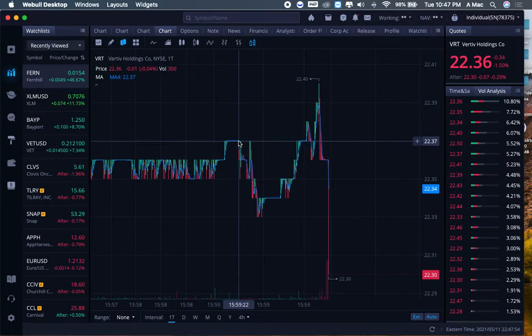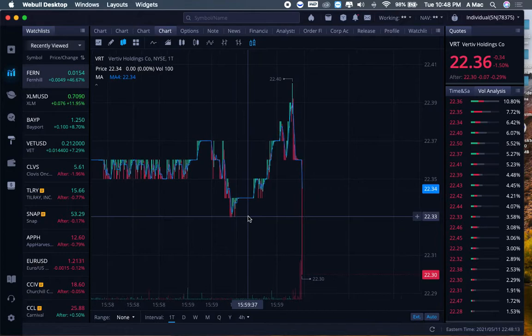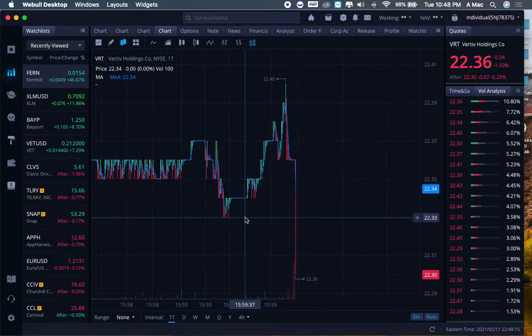And then the sellers didn't want it to go this high, so they sold off and brought it all the way back down to 22.35. Then they brought it all the way down to 22.34. Then they brought it all the way down to 22.33. And the buyer says, no, that's enough.